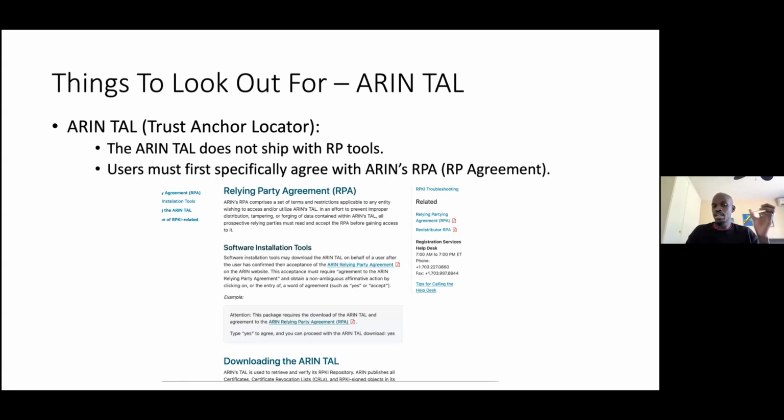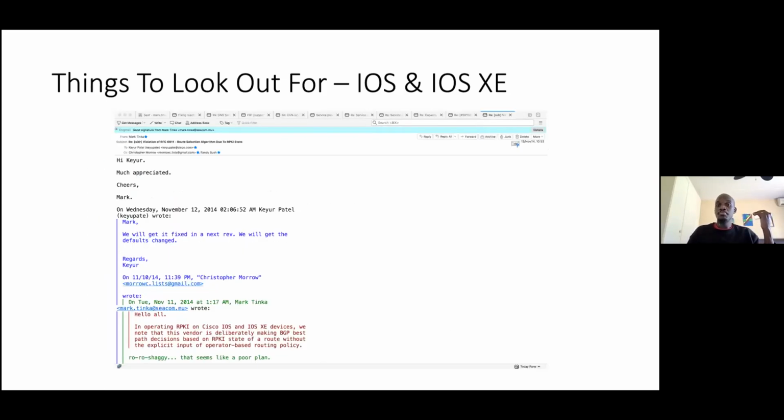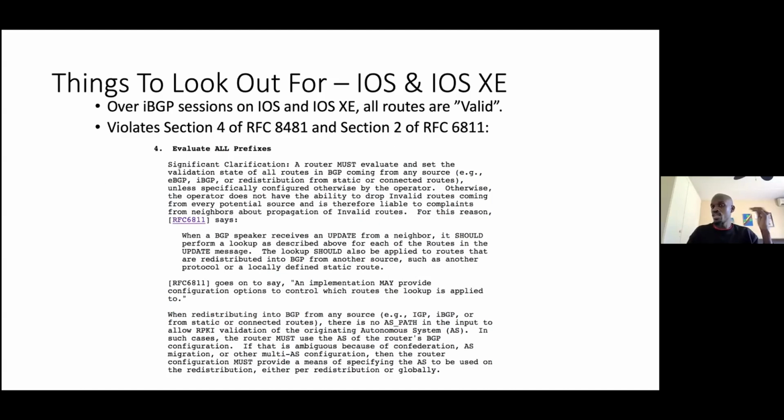If your company has legal issues or concerns about it, that is obviously one issue that you need to think about, one non-technical issue. And then obviously this iOS and IOS XE drama is a big one. I think that's probably the biggest issue that exists right now. So if you're using iOS or IOS XE, you need to think about this. This is the biggest concern. If you're using Juniper or any other vendor, you don't have to worry about that.